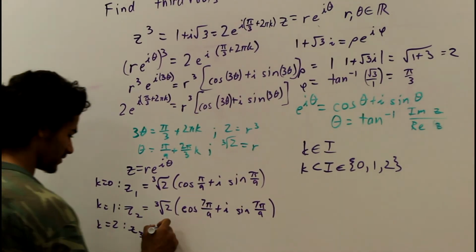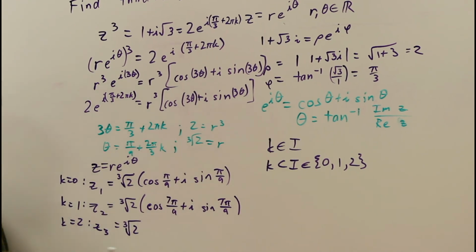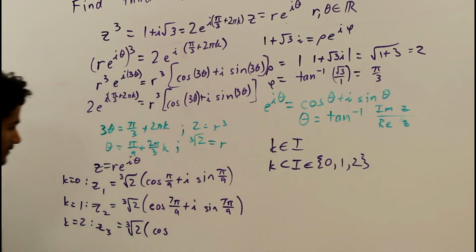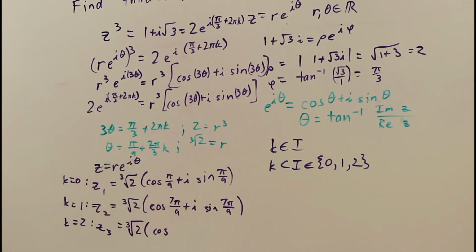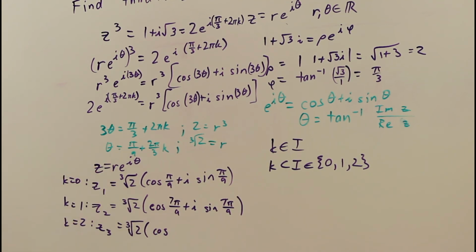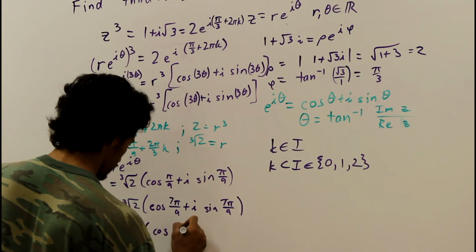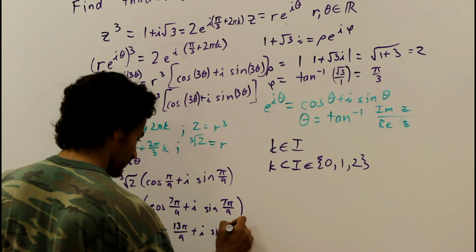And the third one is equal to cube root of 2 times cosine of pi ninths plus 4 pi thirds, or cosine of pi ninths plus 12 pi ninths, or 13 pi ninths, plus i sine of 13 pi ninths.